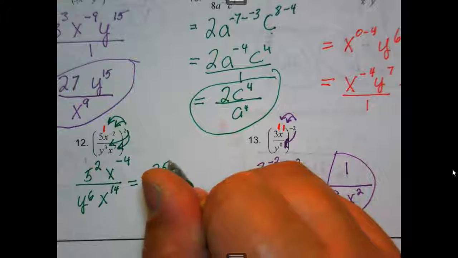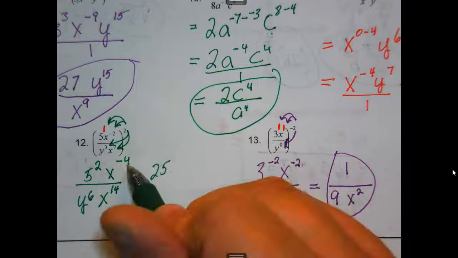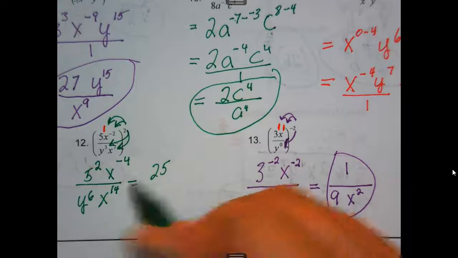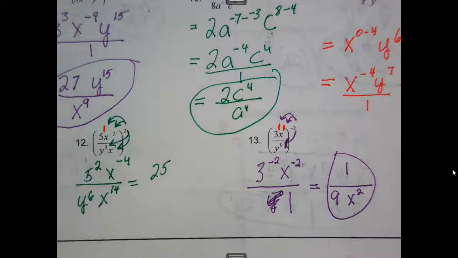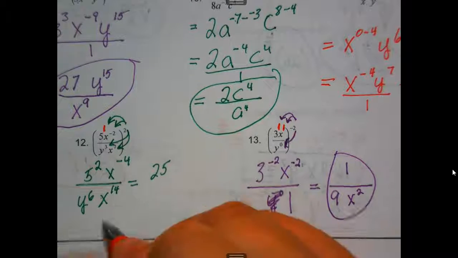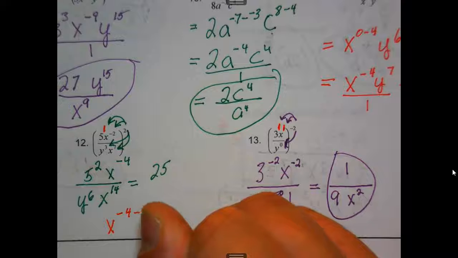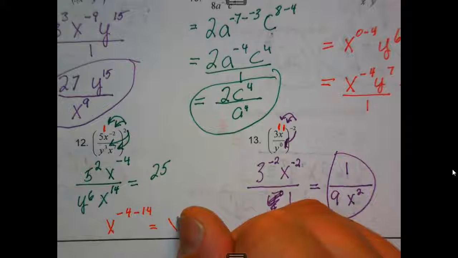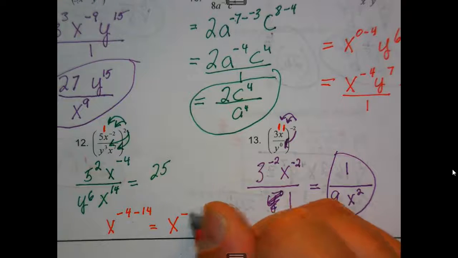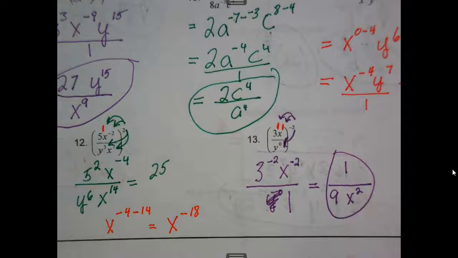I have 25. Oh, I'm sorry, x to the negative 4 minus 14. What does that give me? X to the negative 18, right?